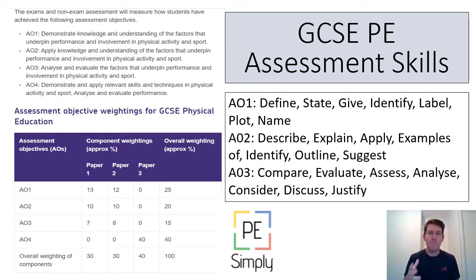You can also see a breakdown within the diagram here in the bottom left, a breakdown in terms of percentages, the approximate weighting per AO1, AO2 and AO3 for each paper. And on my next slide, you'll be able to see roughly how many percentage marks equate to AO1, AO2 and AO3.